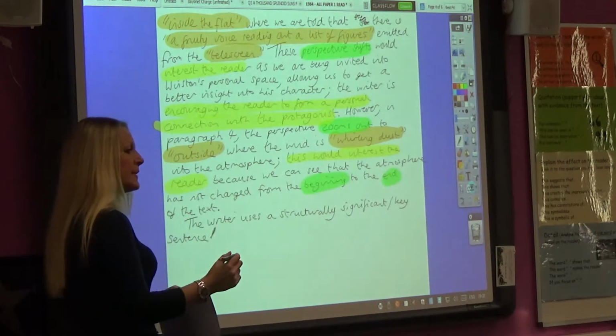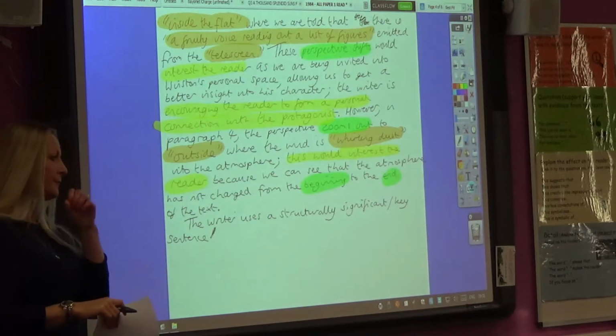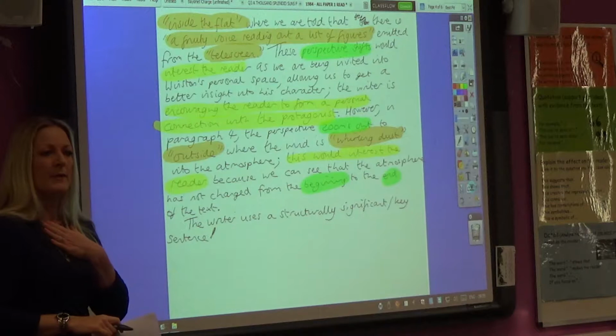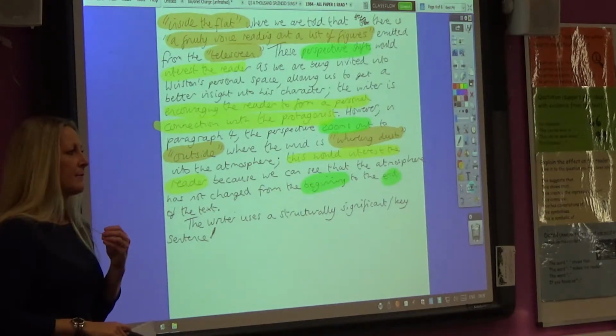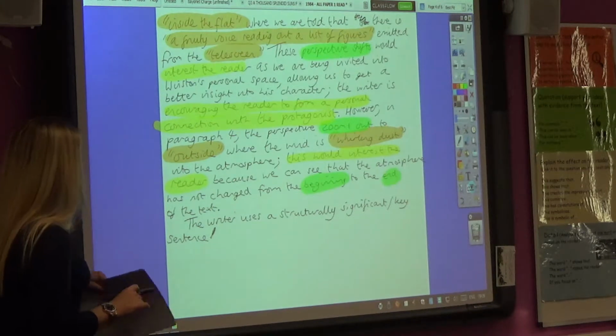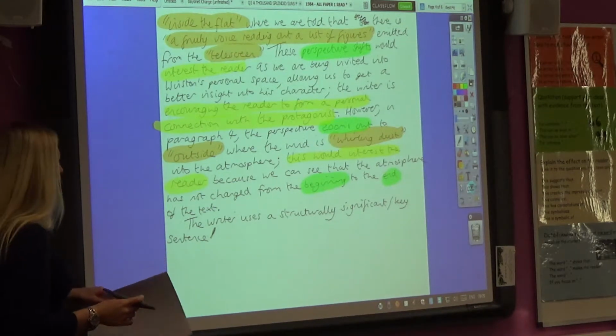What paragraph did we say? I know we looked at a couple, but which paragraphs were the sentences in? Did we say that Big Brother is watching you is a key sentence? Yeah, is that paragraph 4, Felicia? Yeah. Okay, so the writer uses a structurally significant sentence.